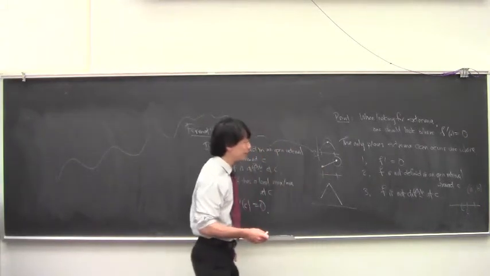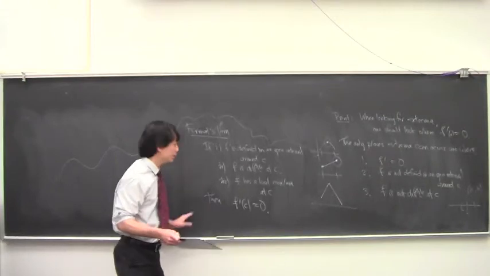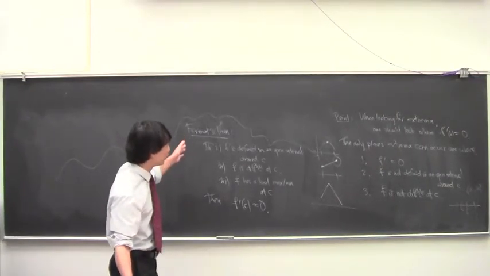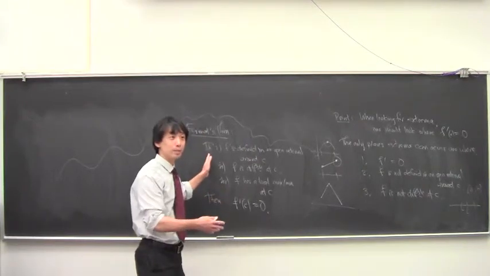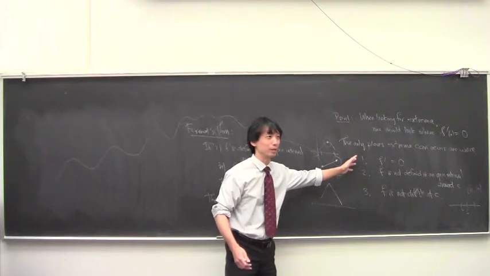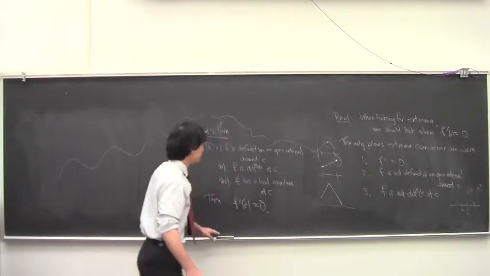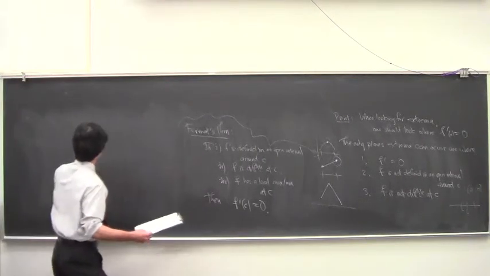Other questions? Okay, so anyway, the moral is that you have this thing called Fermat's theorem, and it tells you where maxima and minima could occur.